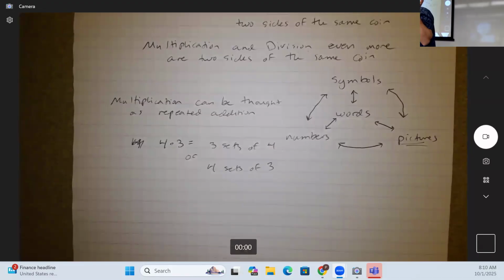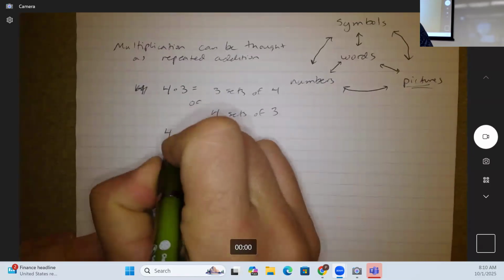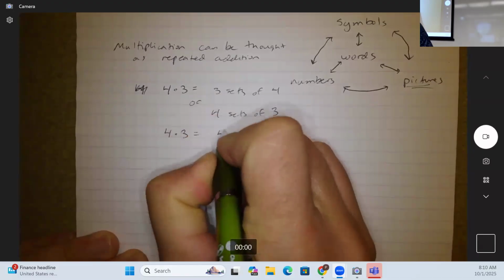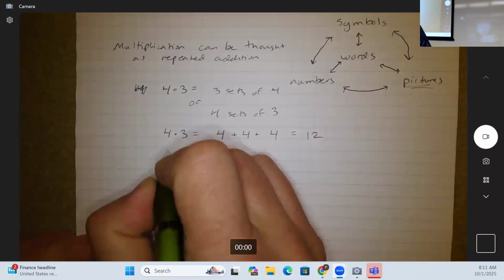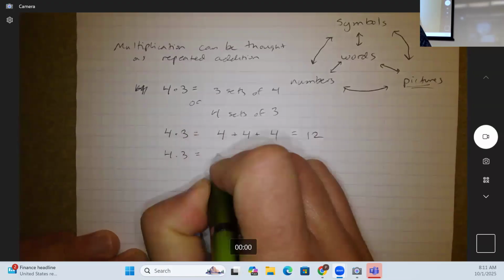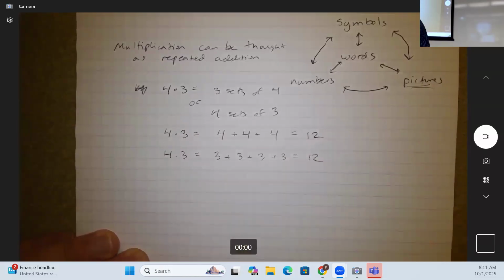The times is just some random word that we came up with. I said, what's 3 sets of 4? 3 and 3 and 3, or 4 and 4 and 4 make 12, right? So 3 sets of 4 I could write as 4 plus 4 plus 4, which is 12. Or I could think of it as 4 sets of 3, 3 plus 3 plus 3 plus 3, which is also 12.